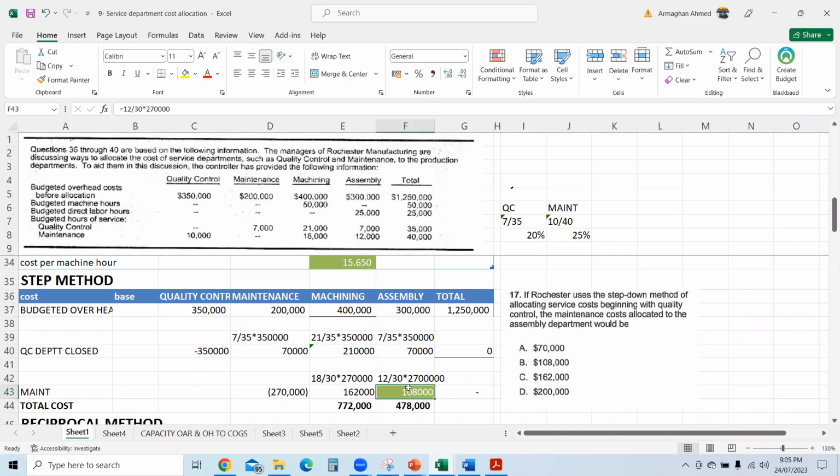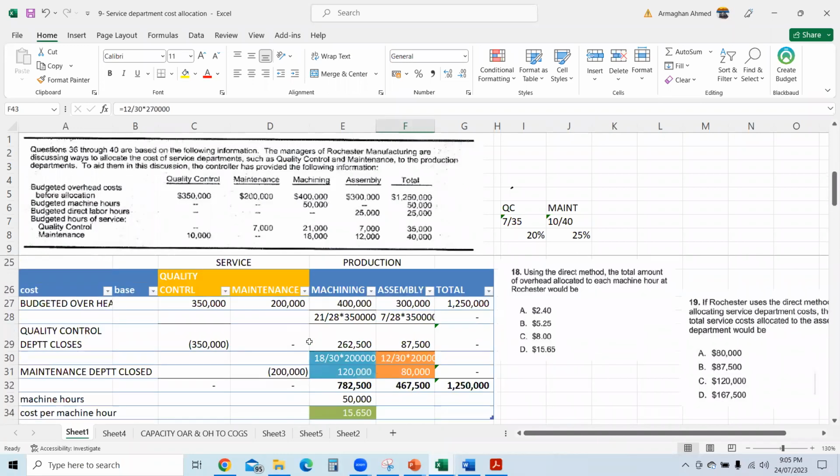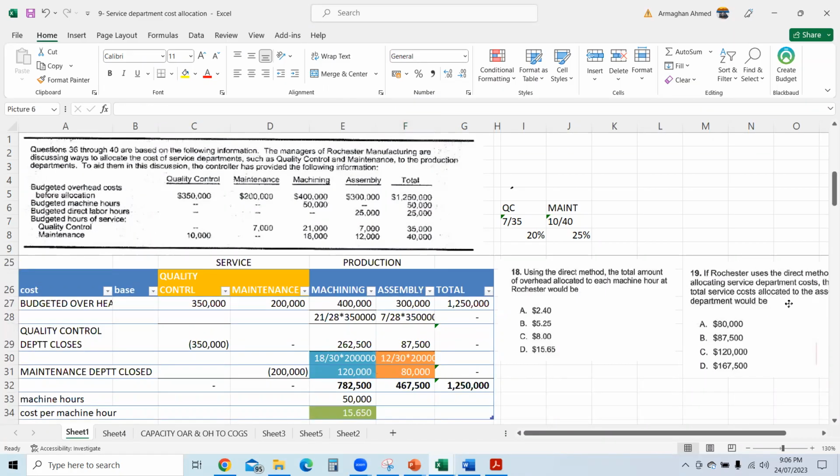So in this question, they can ask you anything, right? Just like in the previous question, they had asked what is the total cost allocated. So 87,000 plus 80,000, that we calculated.